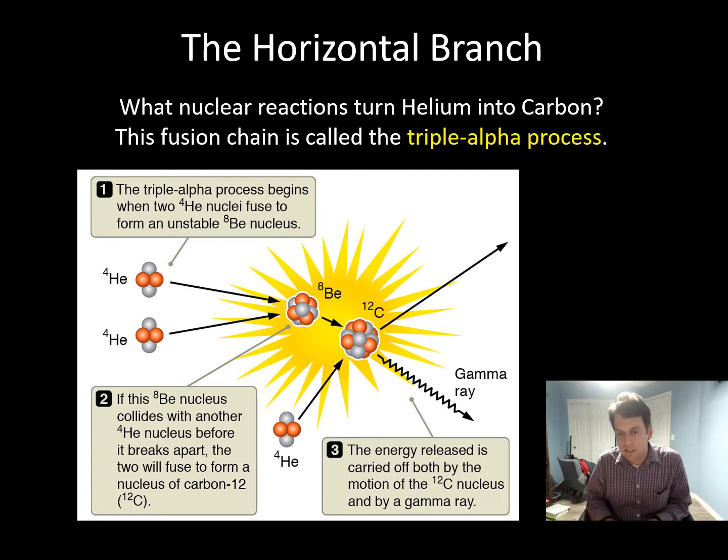In that process, you do release a gamma ray. Remember, gamma rays are the highest energy range of the electromagnetic spectrum. So some of the energy is carried off in the form of that gamma ray, and some is carried off in the kinetic energy of the carbon-12 nucleus, which is just a fancy way of saying that carbon-12 nucleus is going pretty quickly. So it has energy of motion.